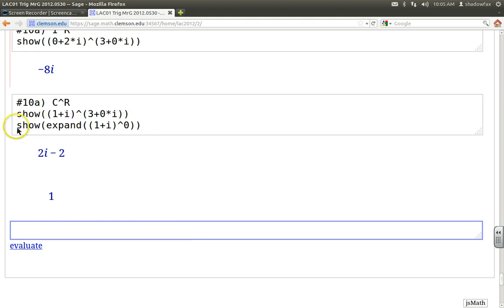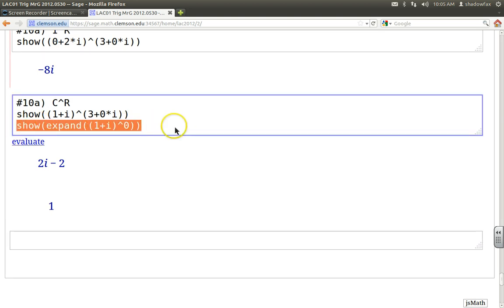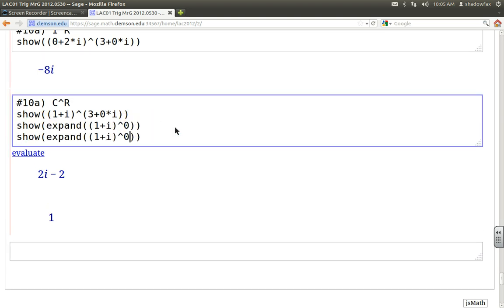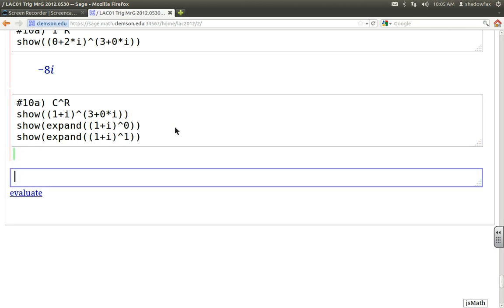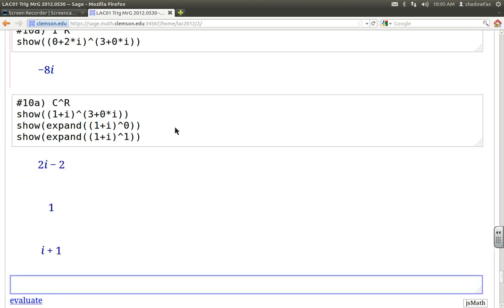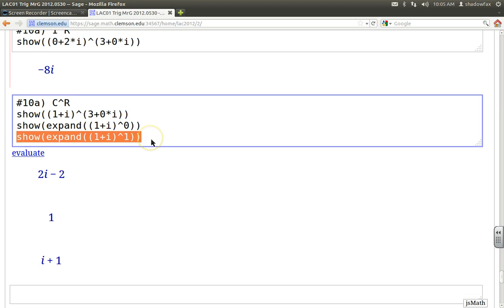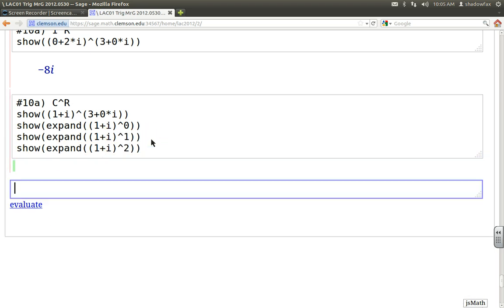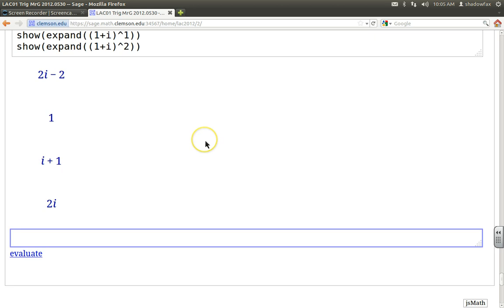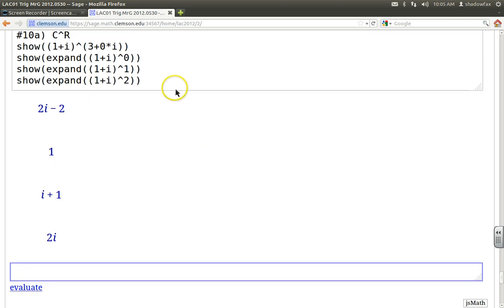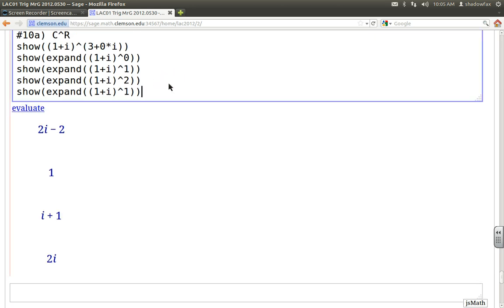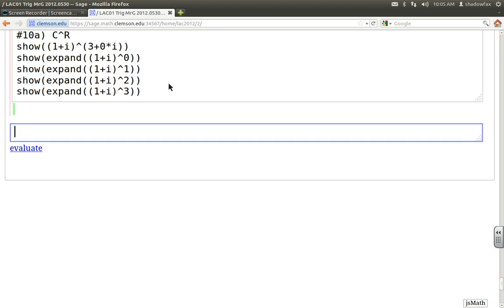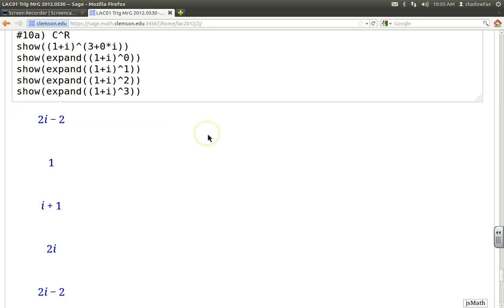What if I do it to the first? Did you expect 1 plus i? What if I do it to the second? Did you expect 2i? And the third? Do you realize what I'm invoking here?